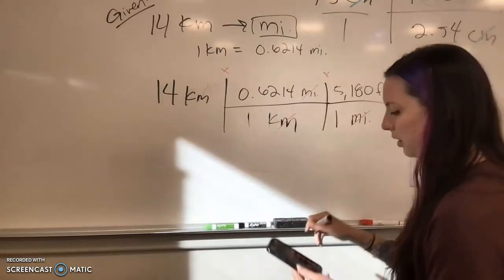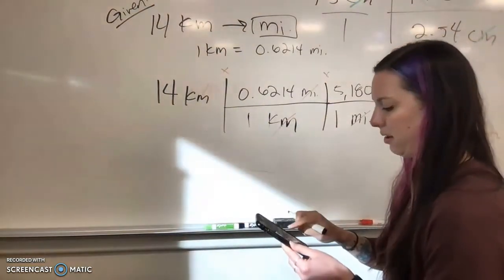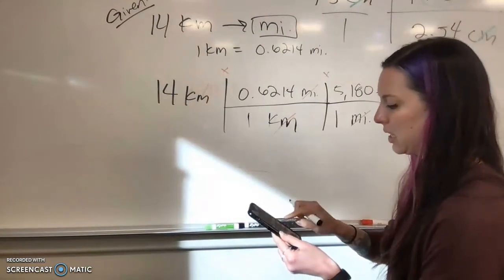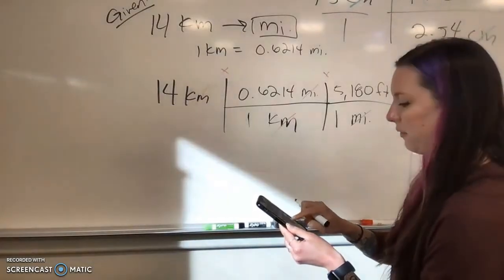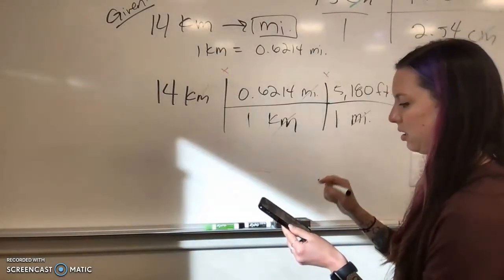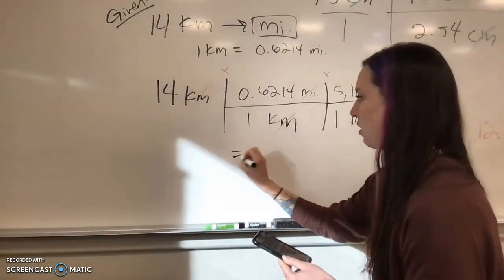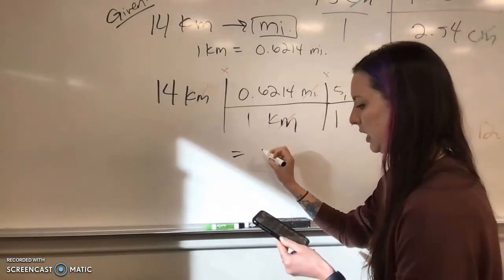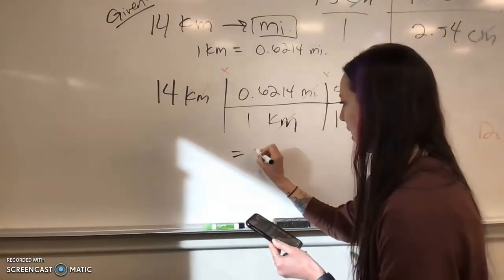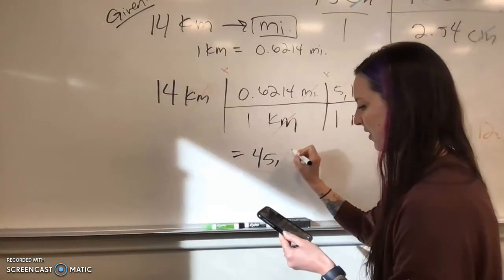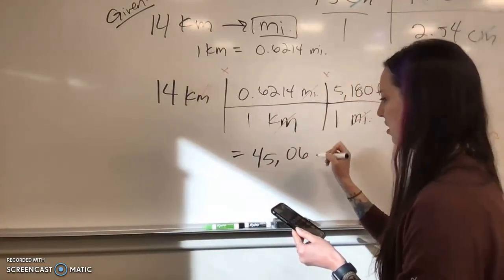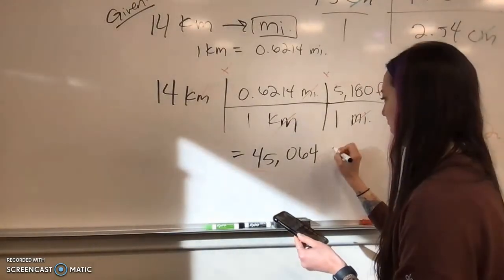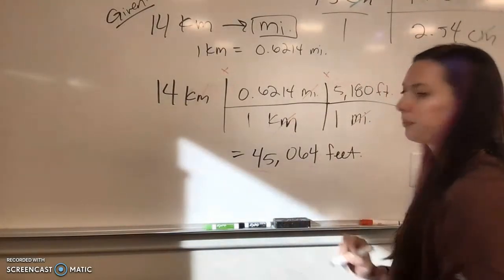So then 14 kilometers, we already know. So if we do 14 times 0.6214 times 5,180, that would equal, so 14 kilometers is about 45,060 we're going to round up to the nearest foot, 64 feet.